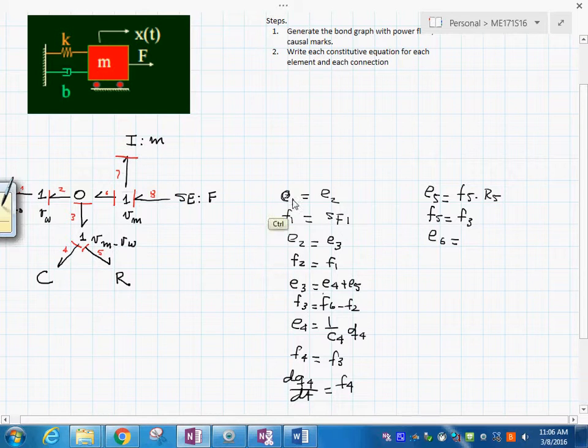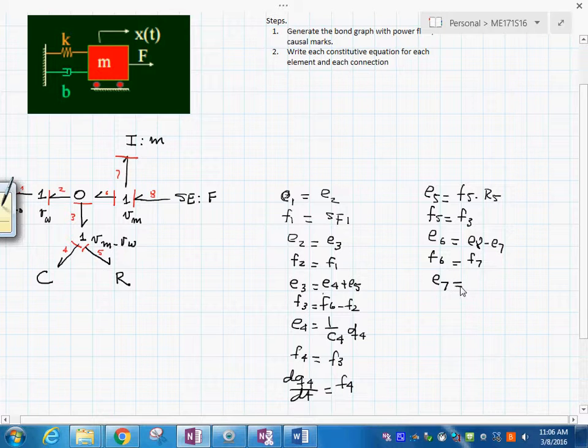And then we continue. What is E sub 7? E7 is E sub 8 minus E sub 6. And what is F7?